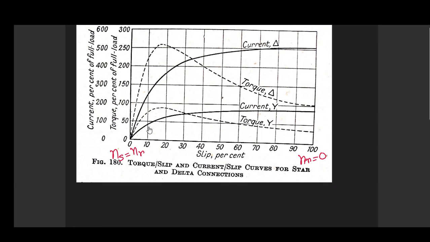Two sets of diagrams are given, one for a star connected stator and another for a delta connected stator.